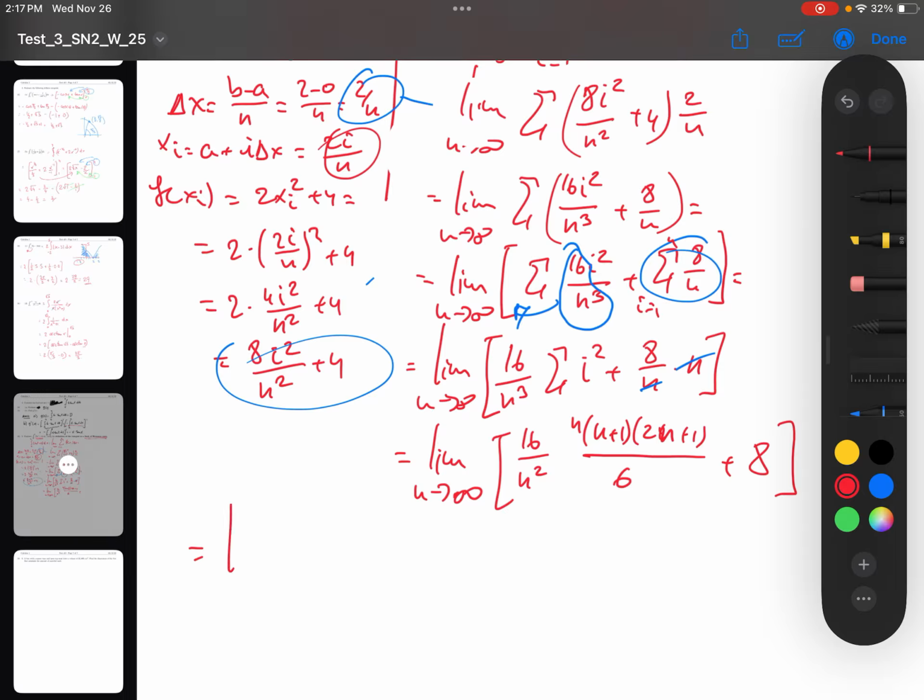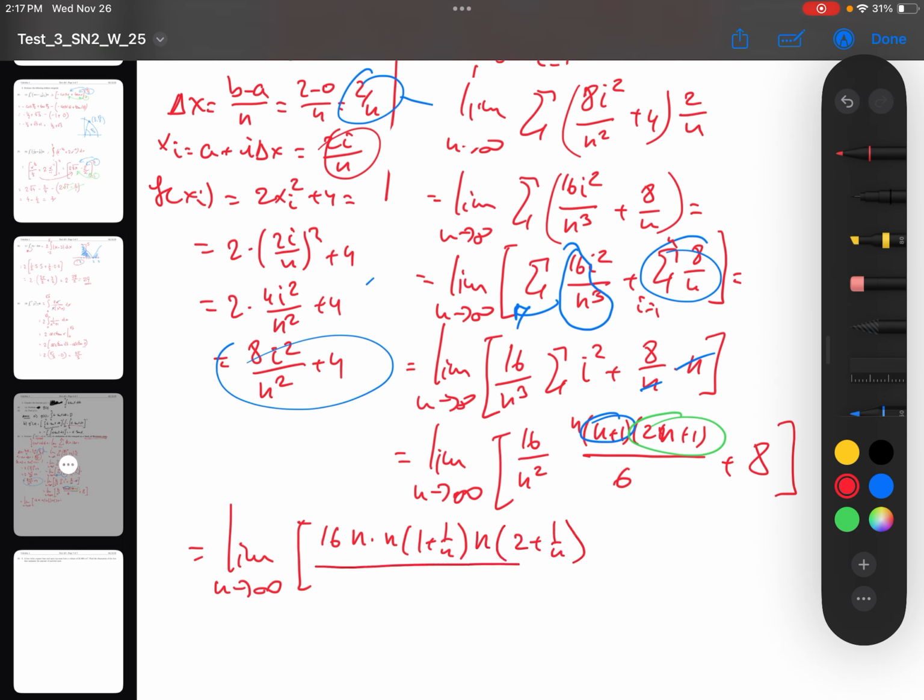And now here, we've talked about this in class quite a lot, how to deal with this type of limits. So it's 16 times n, from the first parenthesis just factor n, so that's n times 1 plus 1 over n. From the second parenthesis again just factor n, leaving us with 2 plus 1 over n, over 6n cubed.